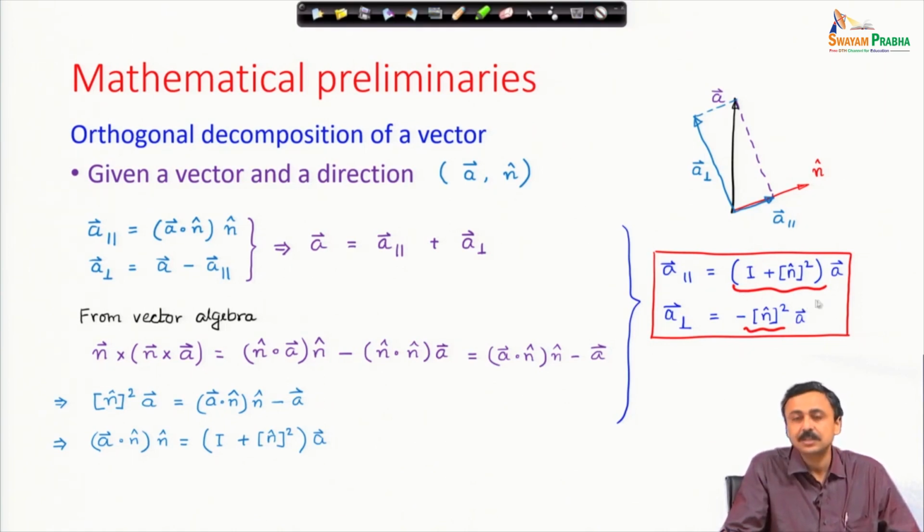These matrices are like operators, they operate on the A column vector. The first operator, when it acts on the A vector, gives me A parallel, and when you have this minus n squared as an operator acting on A, I will get A perpendicular.